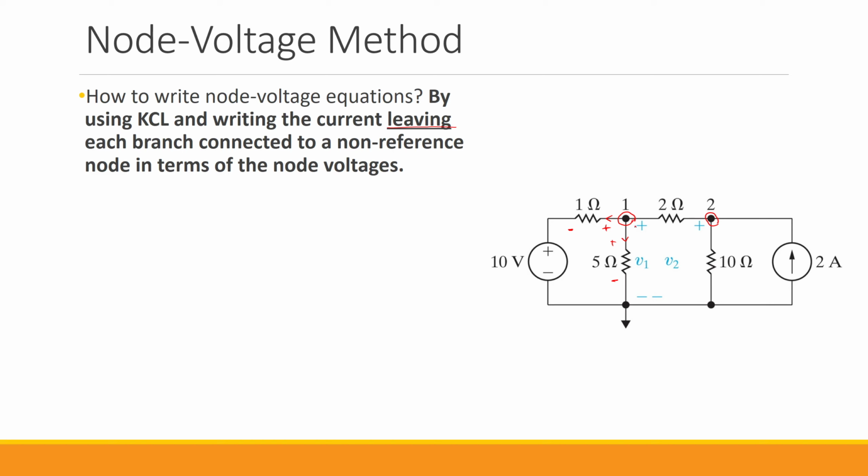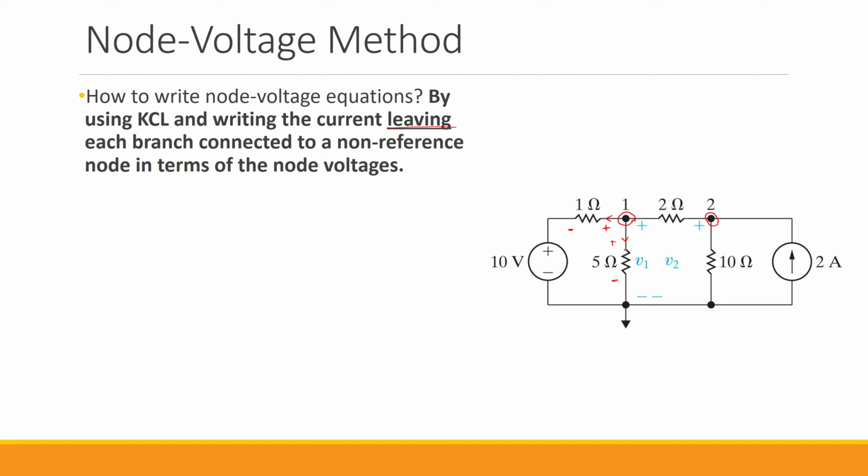Why? Because the voltage across this 5 ohm or the voltage at node 1 is already calculated with reference to this node underneath the circuit, right? So since that's the case, we only have the voltage at node 1 by itself.